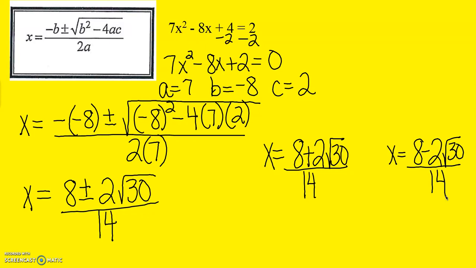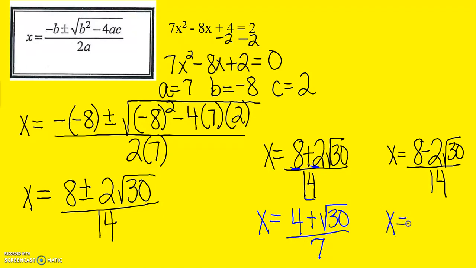Now, you can type this fraction into your calculator and it will simplify it for you. Or you can look at your 8, your 2, and your 14. All three of these terms have a factor of 2 in common. So I'm going to reduce by dividing by 2. And you're going to get 4 plus square root of 30 over 7.